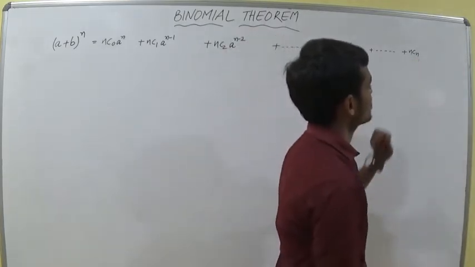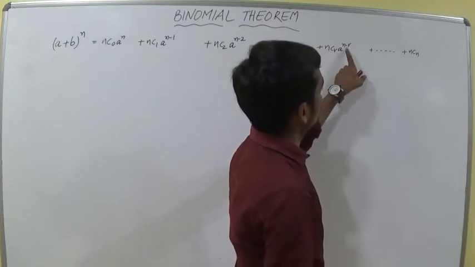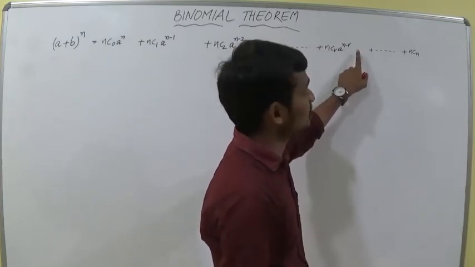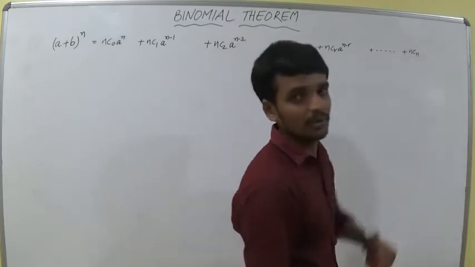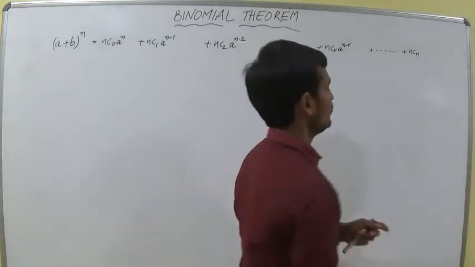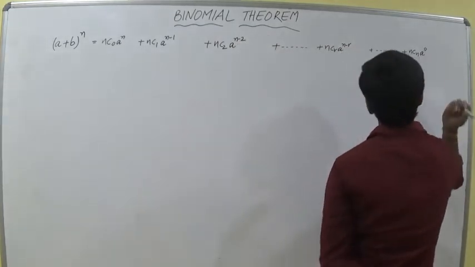Now coming to the last term, here actually we have to write a to the power of n minus n. n minus n is 0. a power 0 is 1. There is no visible term, but if you want to write it, you can write a power 0.